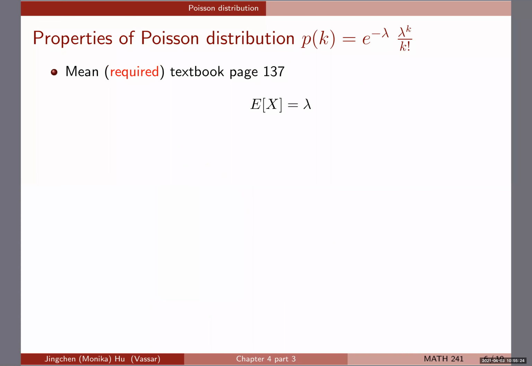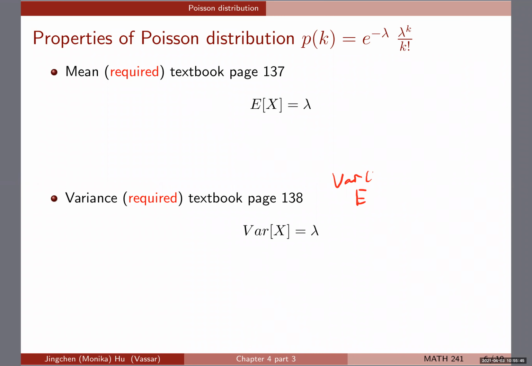And the variance is also required. I showed you earlier in those graphs that as lambda increases, the spread of the Poisson distribution also increases. So the variance turns out also to be lambda. I won't show you here in the video, but just to recall, the variance of X is the expectation of X squared minus the square of the expectation.